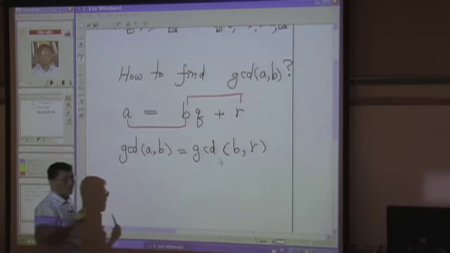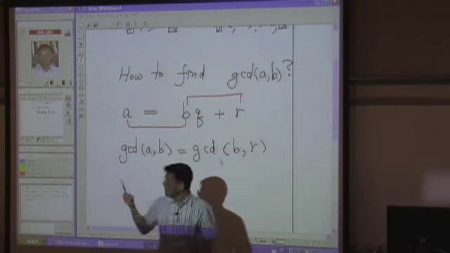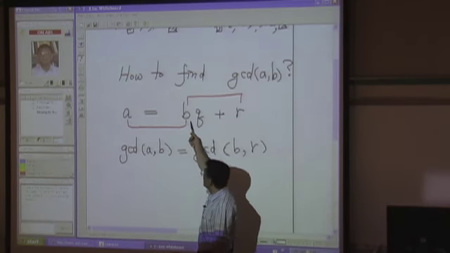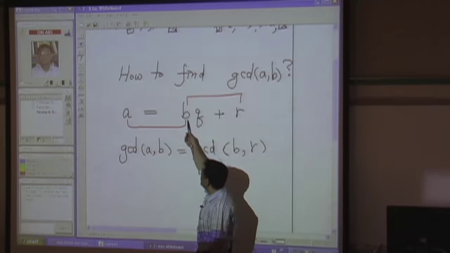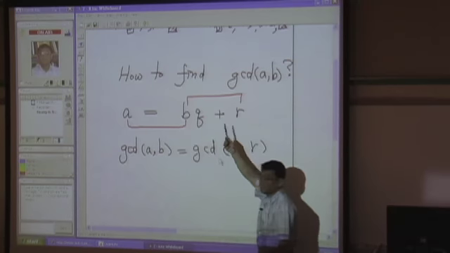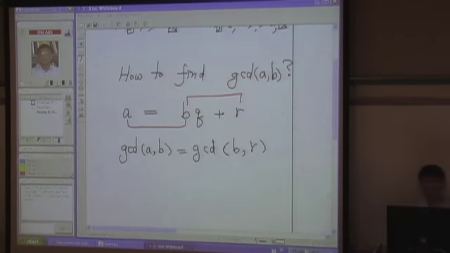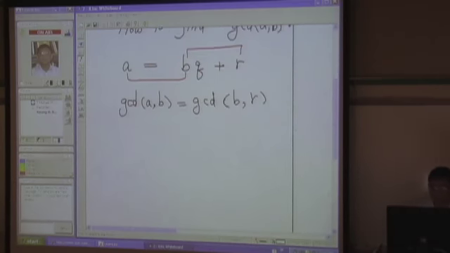Why do we care? If we have A and divisor B, then we can have a smaller number R by using the division algorithm. Assume that you have 341 as A, right? And then B is 101, right?